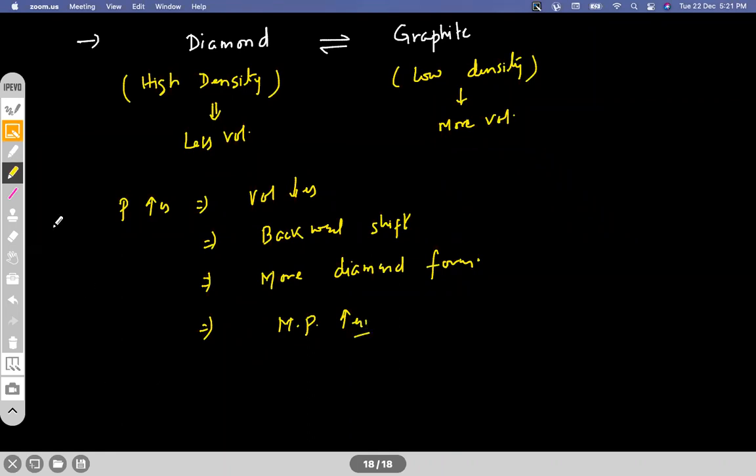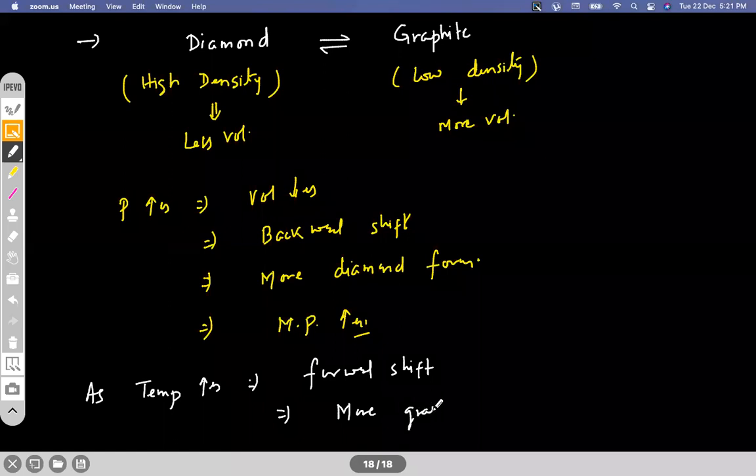As temperature increases, one more thing you must keep in mind. As temperature increases, this is forward shift. Forward shift, more graphite will form. This actually you need to memorize.